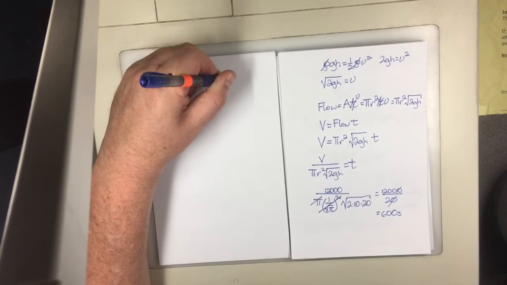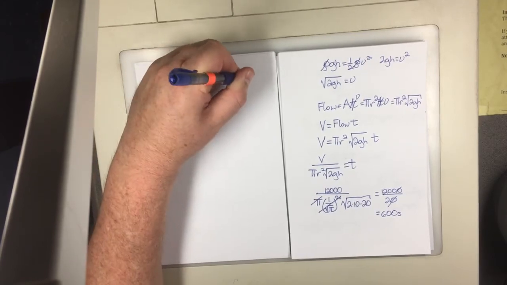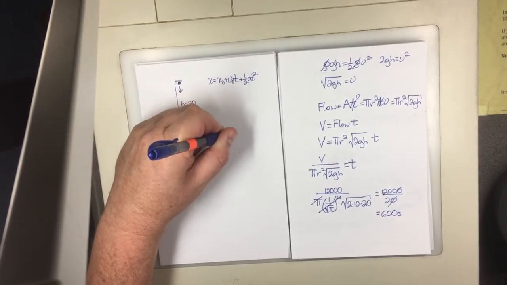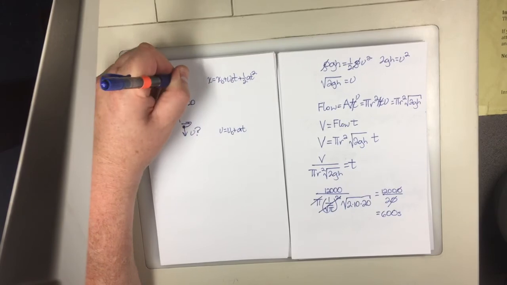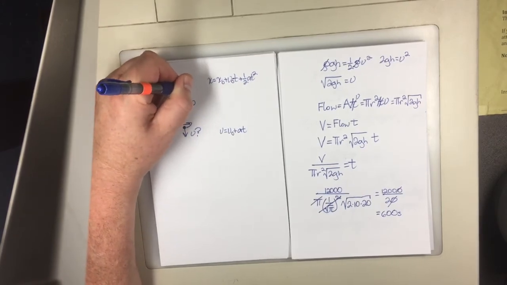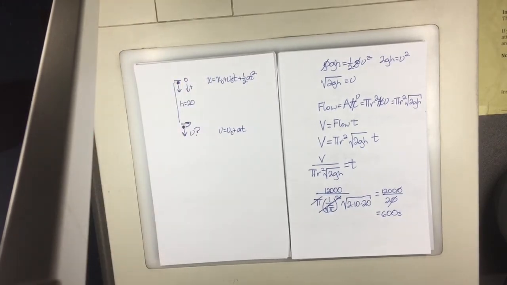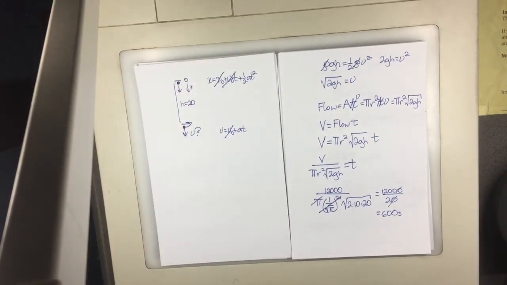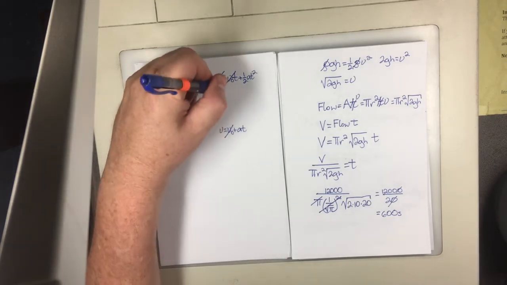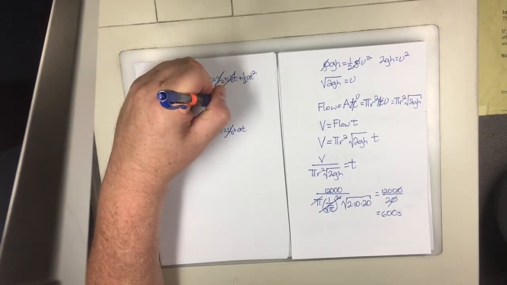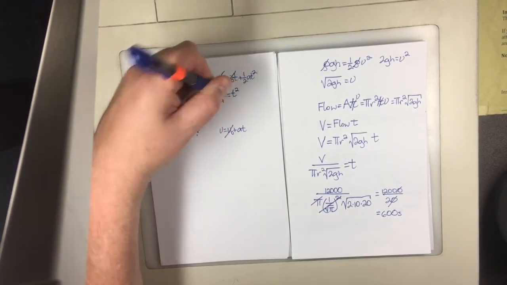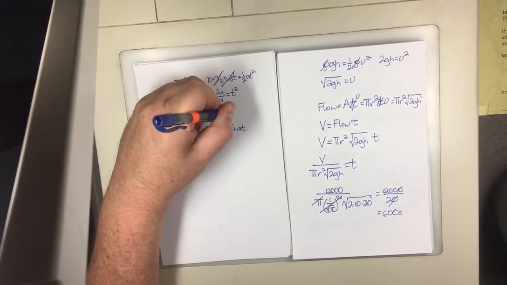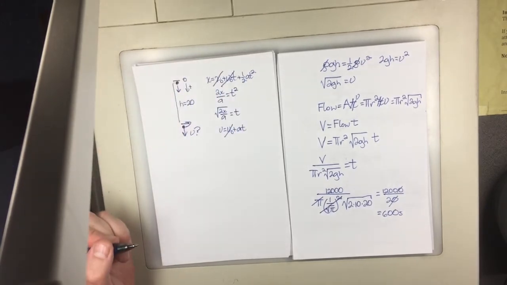x equals x naught plus v naught t plus 1/2 a t squared, and v equals v naught plus a t. You set the origin at the top, you set down as positive. x and v naught, because it's dropped and starts at the origin, are all 0. And you're left with 2x over a is equal to t squared, or square root of 2x over a is equal to t.